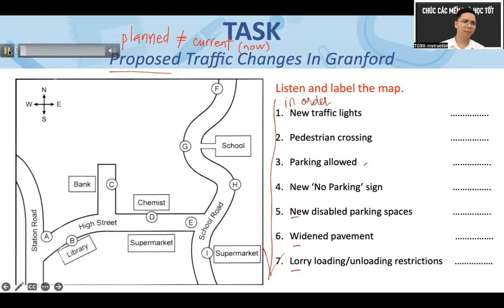Now, we already have a set of traffic lights in the High Street at the junction with Station Road.